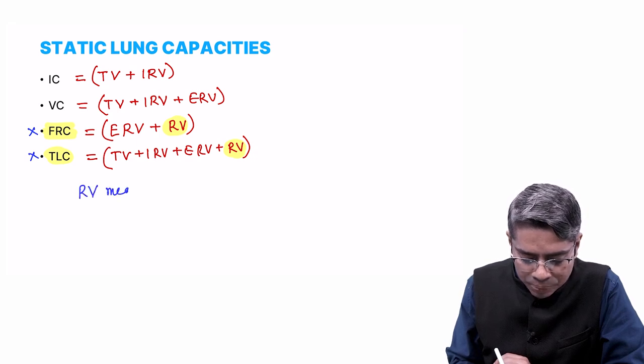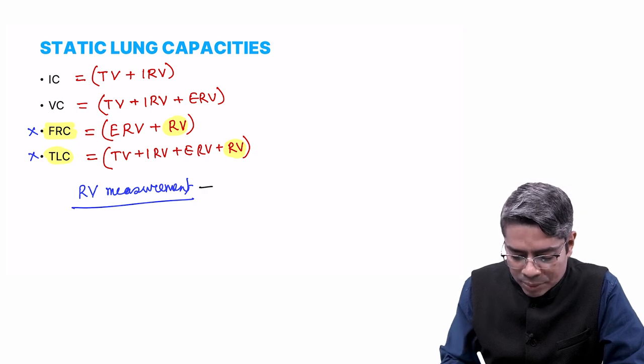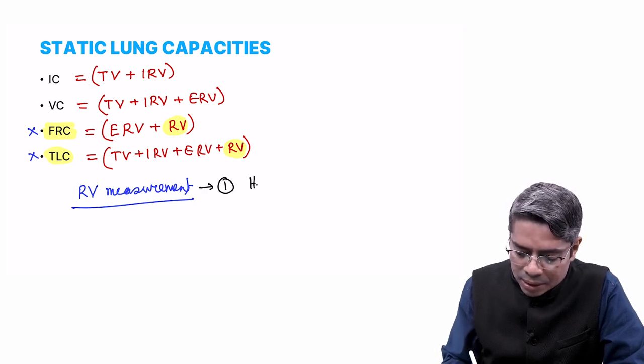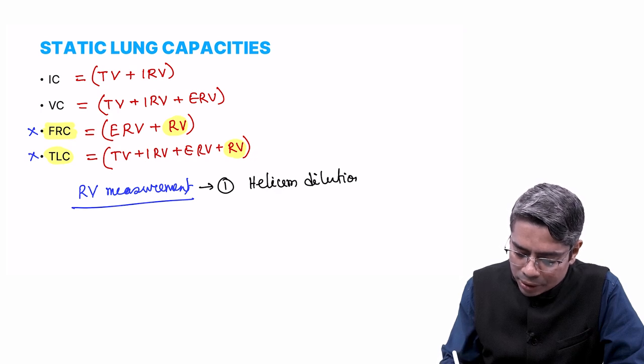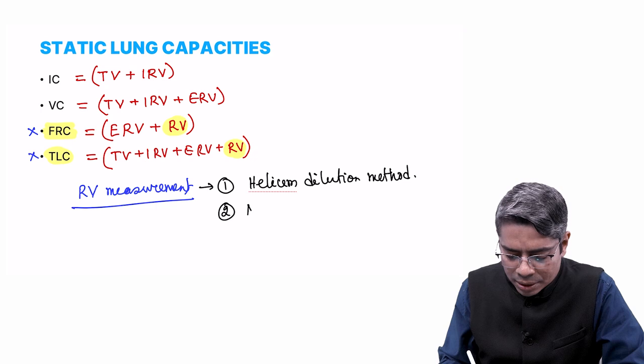So, what are the methods by which residual volume can be measured? Residual volume measurement can be done by 3 methods, and you have to remember those 3 names. Number 1 is the helium dilution method. This is the most common method for measuring the residual volume, easy to measure. The second method is the nitrogen washout method.